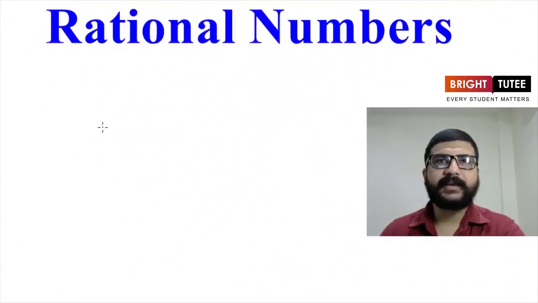Hello students, in the previous video we have learned how to plot a rational number on a number line, and then we have seen how to find the standard form of a rational number, and then how to compare two rational numbers. If two rational numbers are given to us, how we can tell which one is greater than the other.